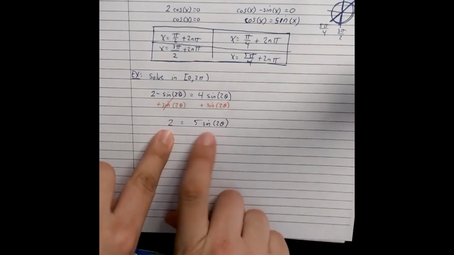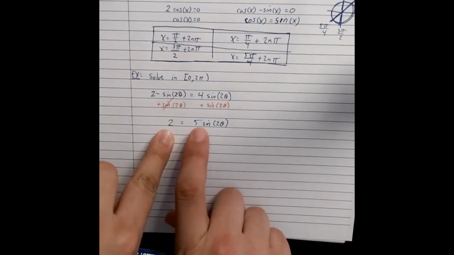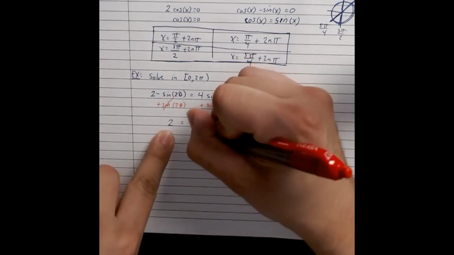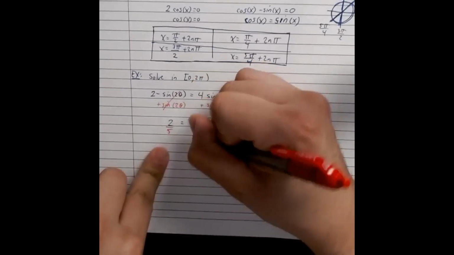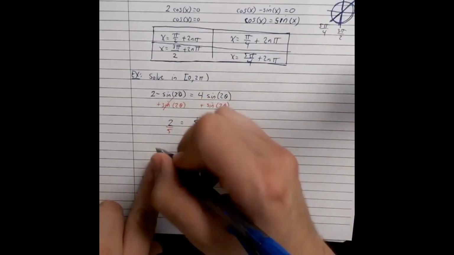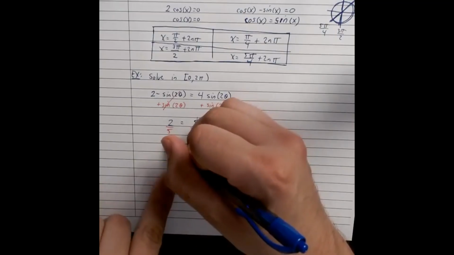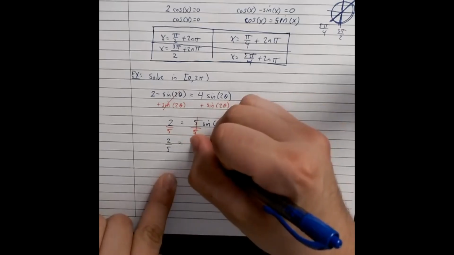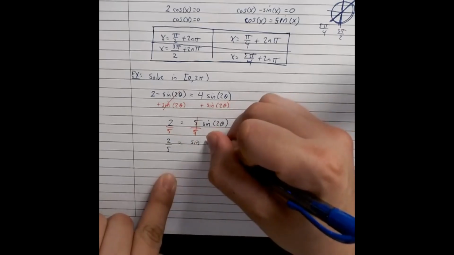Here, this starts to look familiar. This starts to look like some of the earliest problems that we had. So here we can divide both sides by a 5 to isolate our sine function. So here this is gone, and I can write that as 2/5 is equal to the sine of 2 theta.